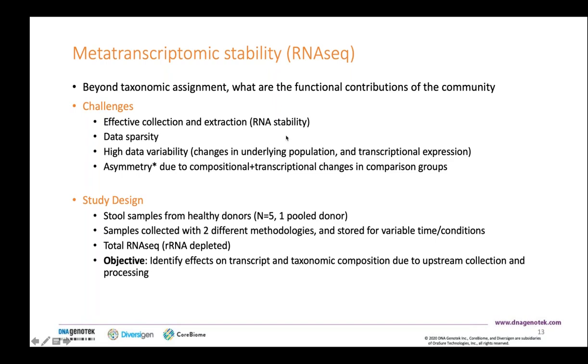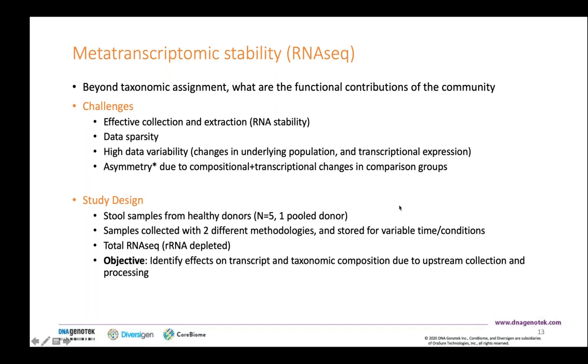It degrades in minutes, and it's hard to capture an accurate RNA profile. And we have similar challenges to low biomass samples where there's high sparsity, high variability in the data, and this property of asymmetry. And this comes from the fact that we're measuring transcript abundance, but the underlying composition of the DNA can also influence those changes.